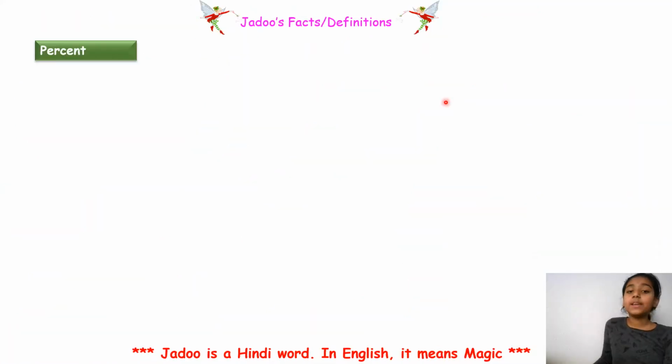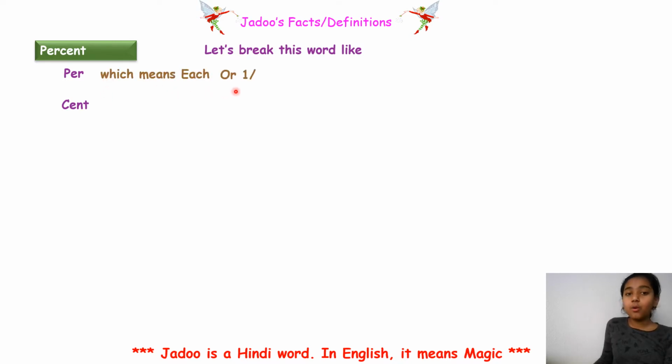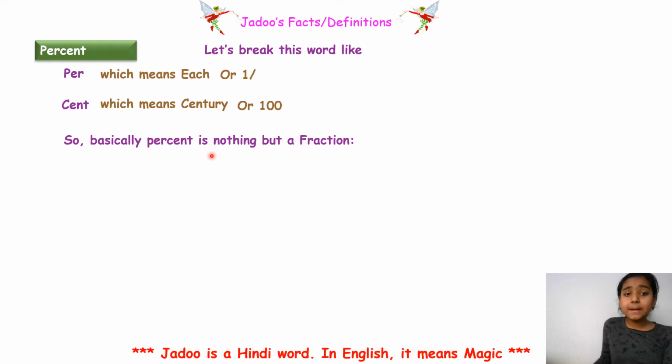Now, what is percent? Let's break this word: per-cent. Per means each or one. Cent means century or hundred. So basically percent is nothing but a fraction, 1/100.